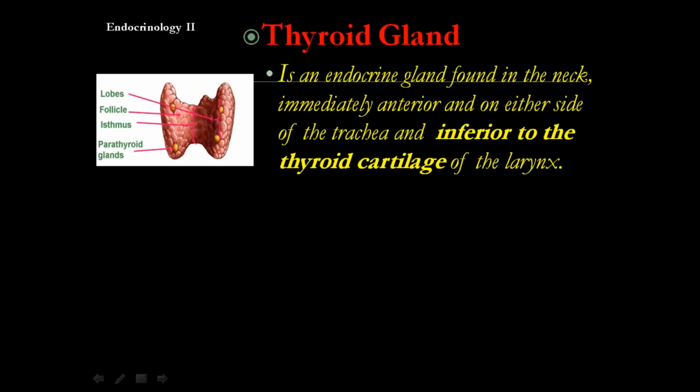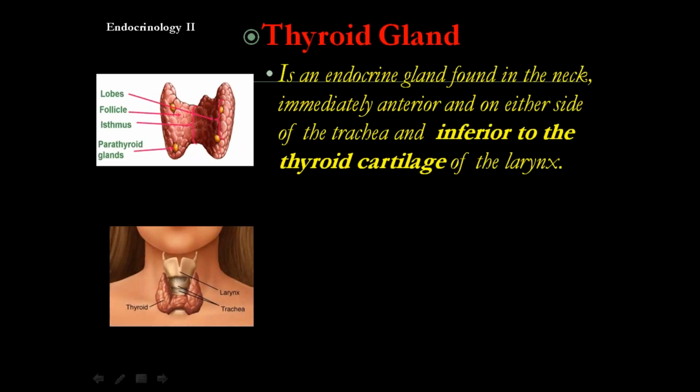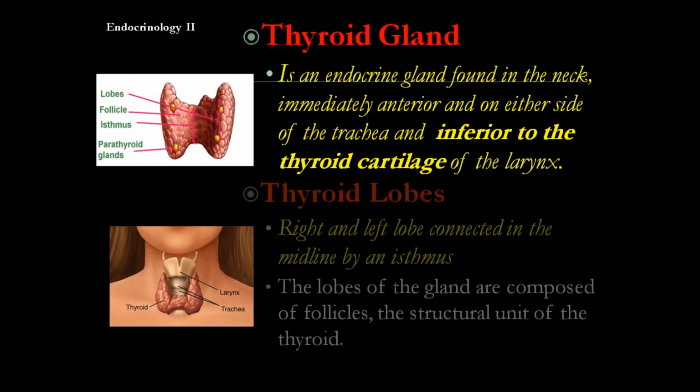Where is the thyroid gland located? It is located under the larynx, commonly called the Adam's apple, about 1 to 2 fingers below the inferior border of the thyroid cartilage. Here are the cricoid and the arytenoids, but it is always below the Adam's apple, the thyroid cartilage.